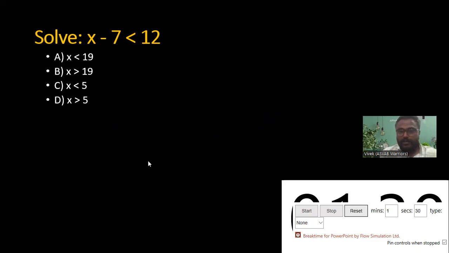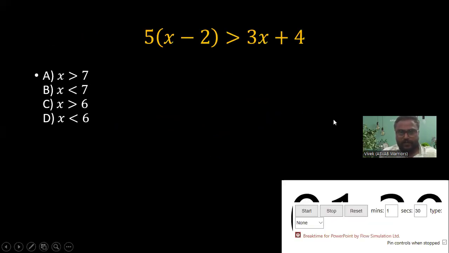Let's move on. I will take a tougher question so that you guys will be able to solve the remaining questions on your own. Now here, first thing, I'm going to distribute these terms. So 5 times x is 5x, minus sign as it is, 5 times 2 is 10.